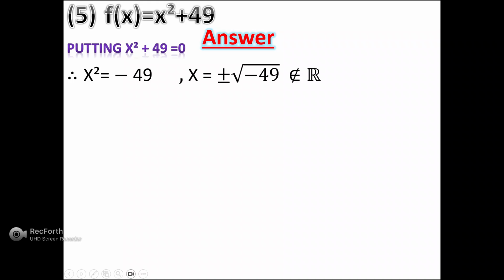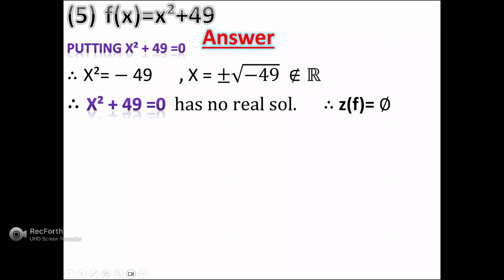We want to cancel this power 2 to remove it, so we take the square root of both sides. So x equal positive or negative square root of negative 49. Stop here. We know that a real number is any number except a square root of a negative number. So this number does not belong to real numbers. So the function has no 0 in R.